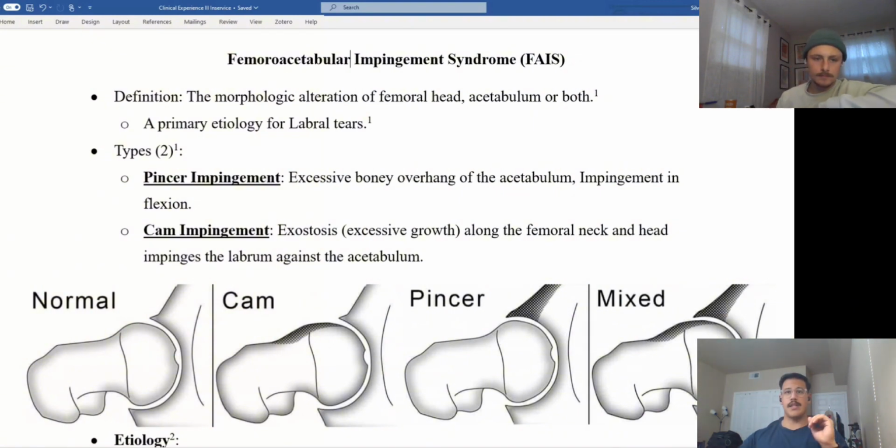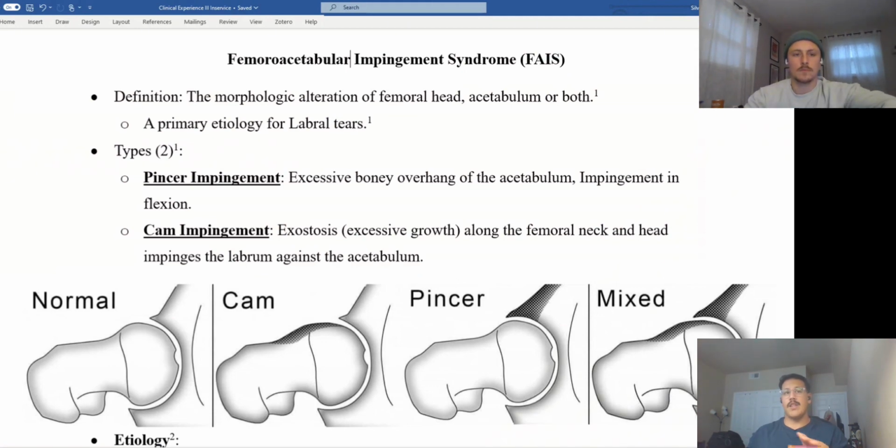That's going to be limiting more of a flexion movement, so the hip is not going to have as much range of motion into flexion as it would with a less pincer type hip. And then a cam deformity is essentially the femoral head becomes more of a teardrop shape as opposed to its regular round circular shape.